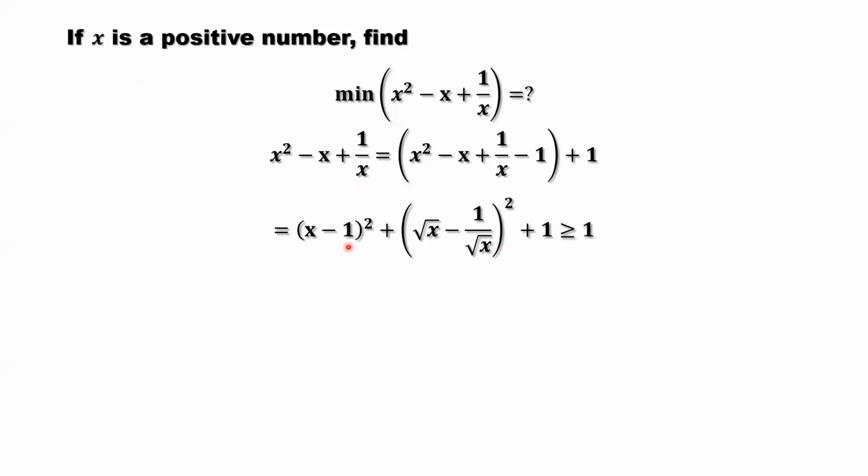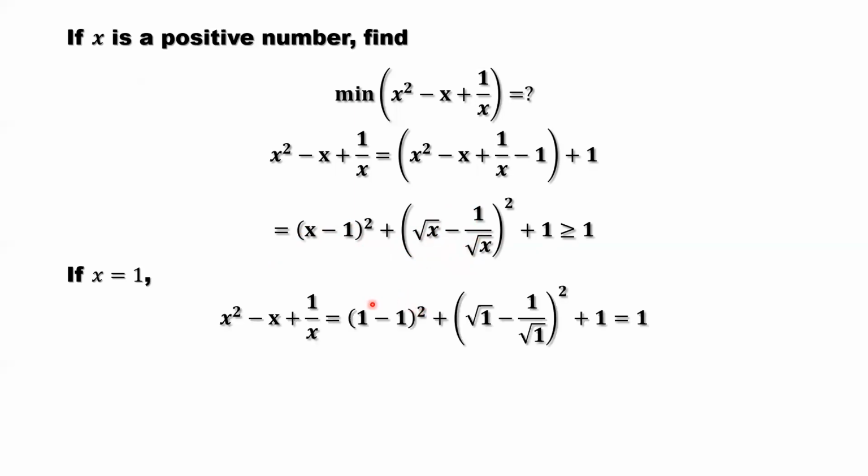So here, look at this. In what situation is the inside part 0? x equals 1. If x equals 1 here, that's 1 over 1, that's also 1, minus 1 is 0. So if x equals 1, these 2 squares equal 0. Then we have the left-hand side equals 1.